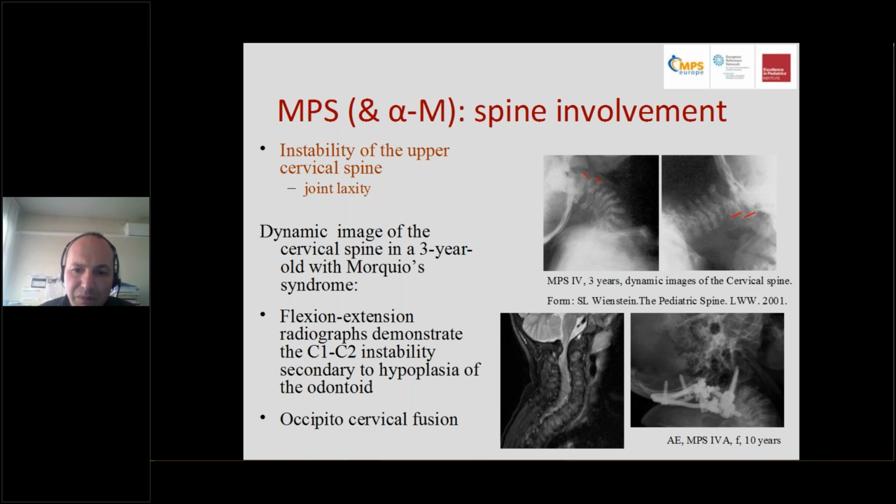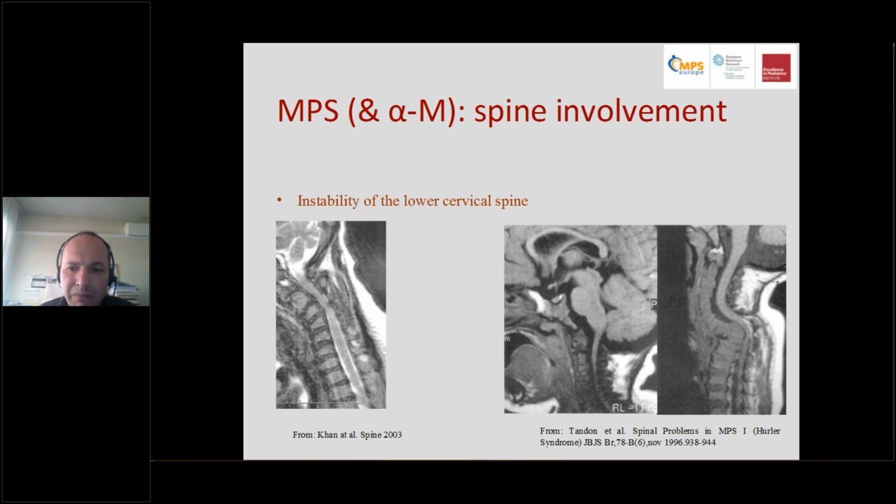And this is, by the way, the treatment we did with the occipital cervical fusion. Or we can have some other case of instability of the lower part of the cervical spine, sometimes very difficult to manage also from an orthopedic point of view.